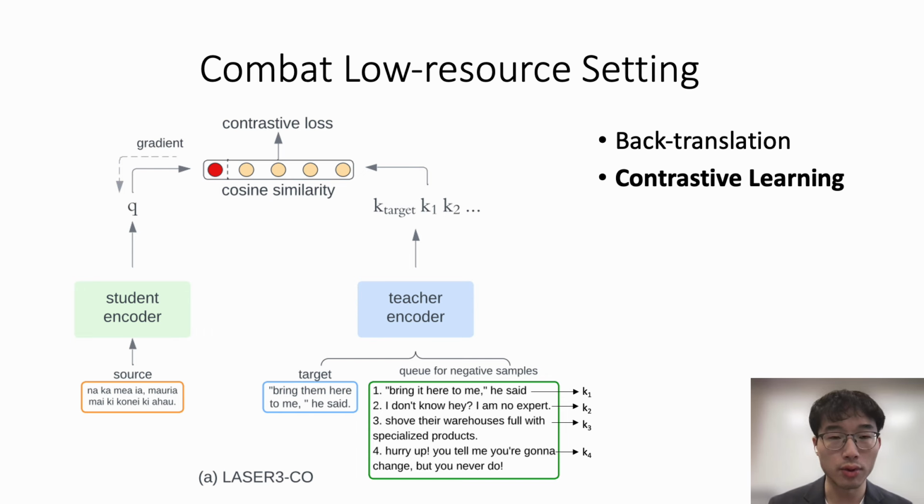So we are able to afford a large number of negative samples in the queue, and this boosts the performance of contrastive learning by a lot compared to the traditional using the in-batch negative samples. And here we have K1, K2 all the way to Kn as negative samples representation. And then we compute the contrastive loss and perform the gradient update back to the student encoder.